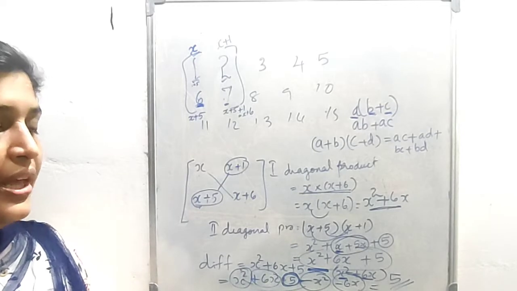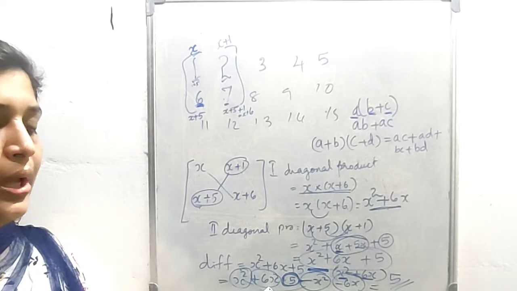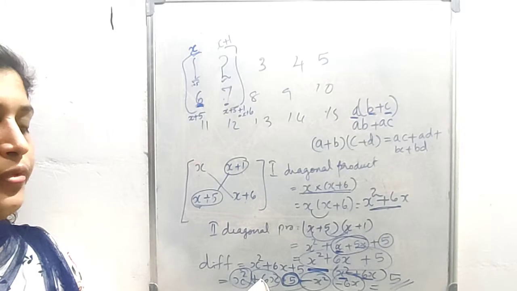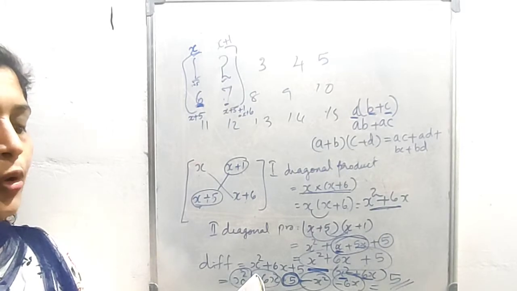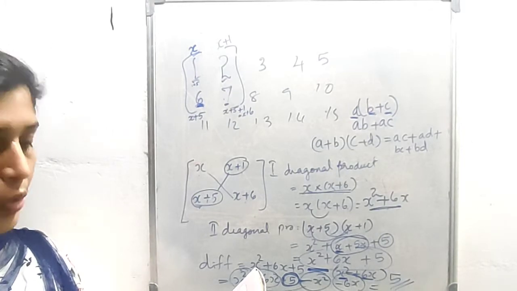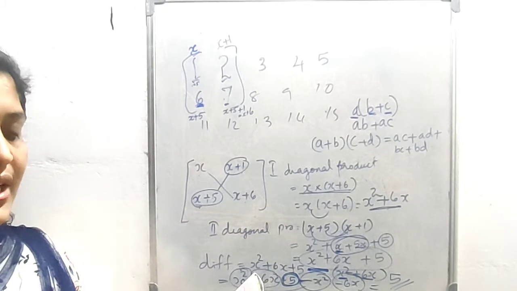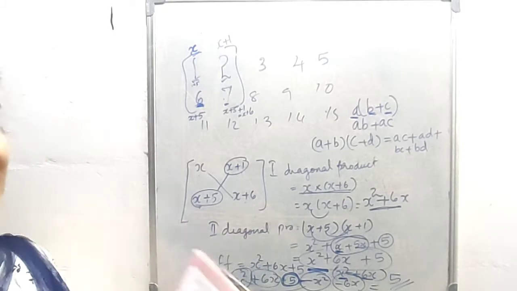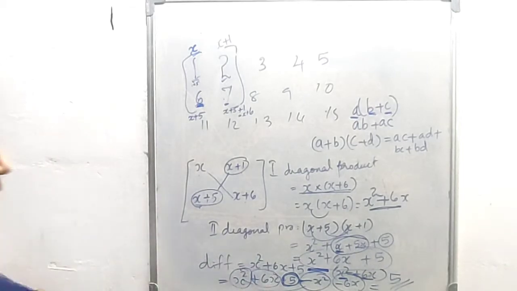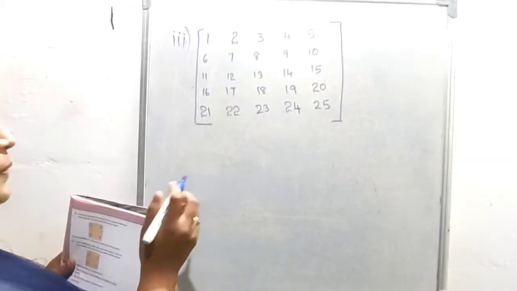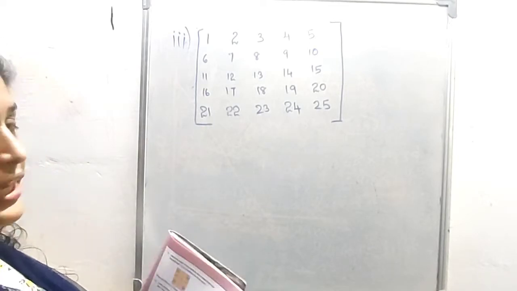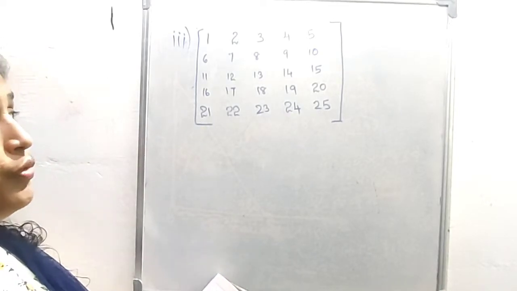The question is, instead of a square of 4 numbers, take a square of 9 numbers and mark only the numbers at the 4 corners. What is the difference of diagonal products? Explain using algebra.